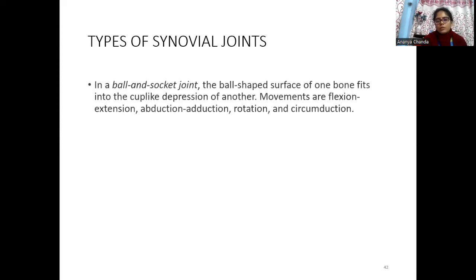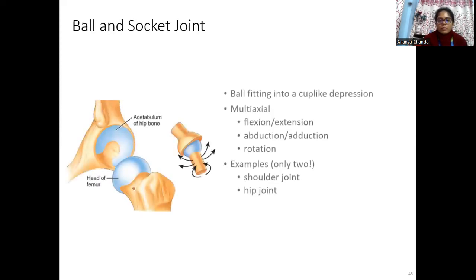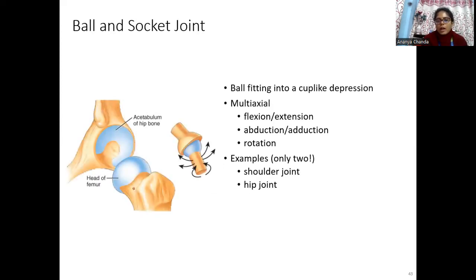Then comes the ball and socket joint. In a ball and socket joint, a ball-like structure at the upper portion of a bone fits into a cup-like hollow surface of another bone.